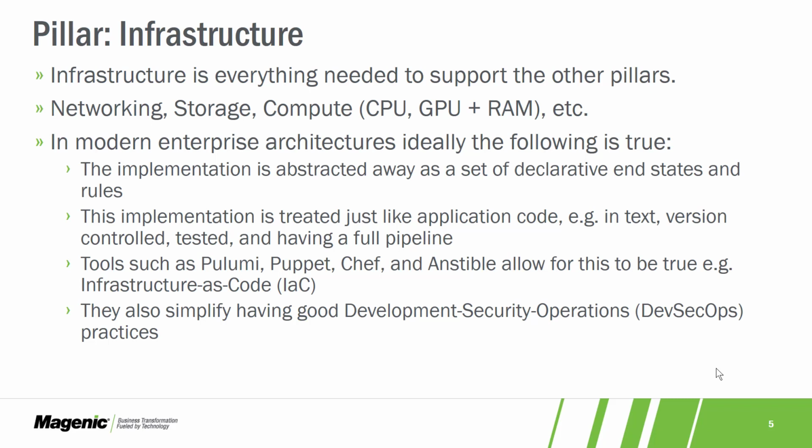Infrastructure in the enterprise space is always accompanied by this very critical and necessary assumption that we're going to treat the infrastructure as code, and we're going to use tools like Pulumi or Puppet or Chef or Ansible to allow this to be true.